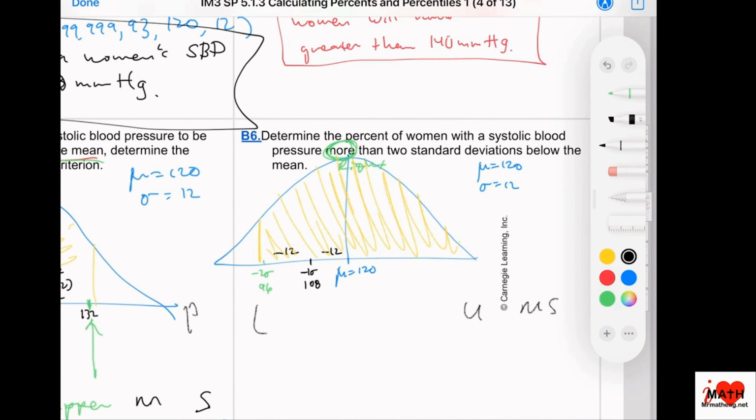Then we use our parameters. Way over here, huh? My lower is 96 and my upper is way over here, so we use 99,999. My mean is 120 and my standard deviation is 12. Let's put it in.